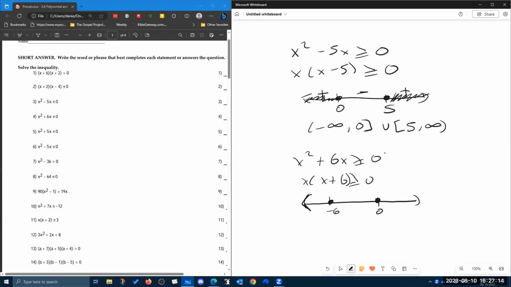When I have a number greater than 0, this is positive. Between -6 and 0 is negative. And then that section is positive. We want greater than, so we're going to shade the positive areas. We get a solution set of -∞ to -6 included, union 0 included to infinity.